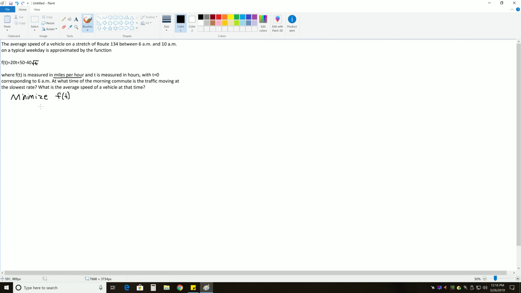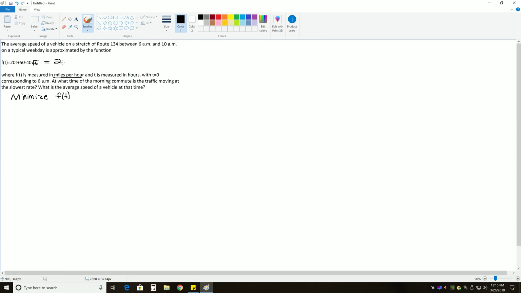So the first thing that we have to do when we're using the second derivative test is to find the first and second derivatives of our function. Before we start that, I'm going to rewrite this function in a form that's easy to take the derivative of.